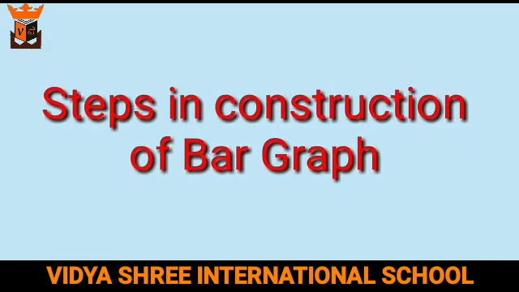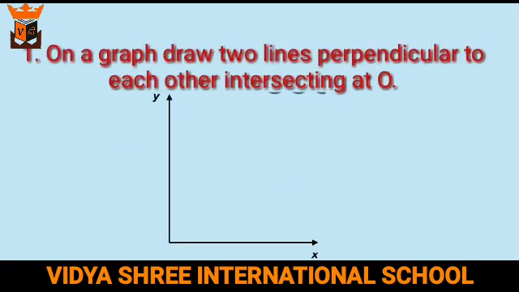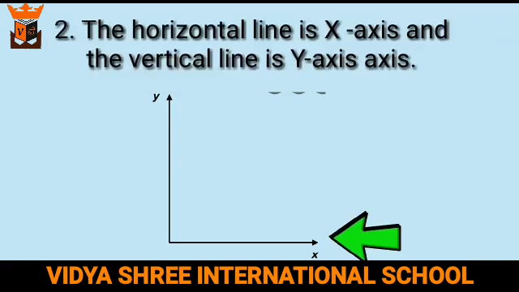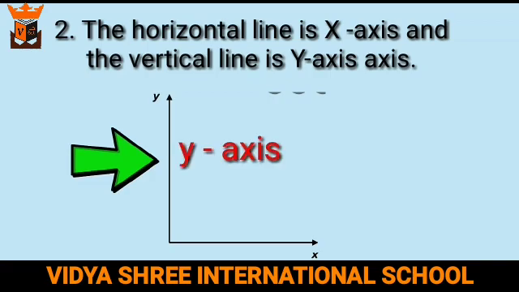Now let us see what are the steps involved in the construction of a bar graph. First, on a graph, draw two lines perpendicular to each other intersecting at O. The horizontal line is the x-axis and the vertical line is the y-axis.